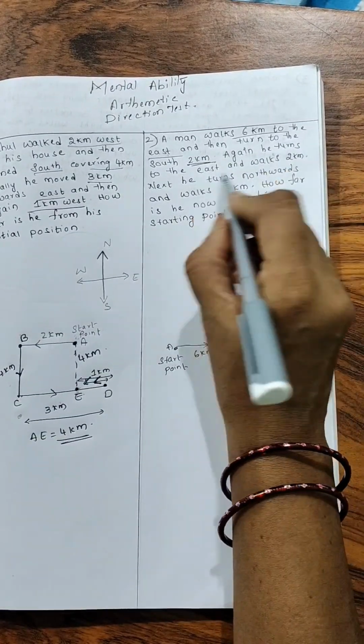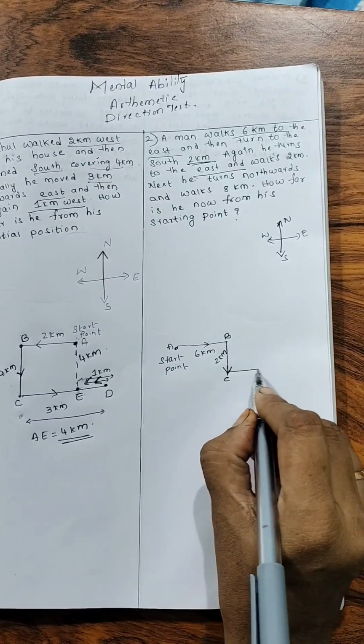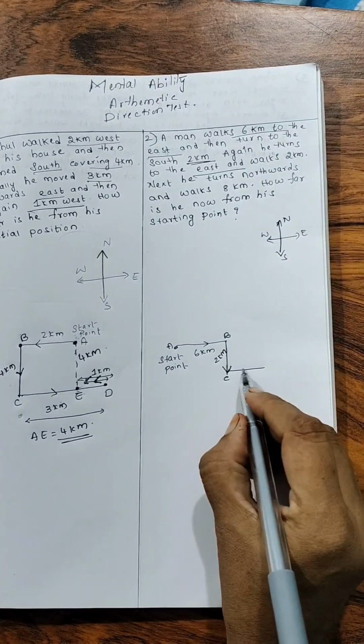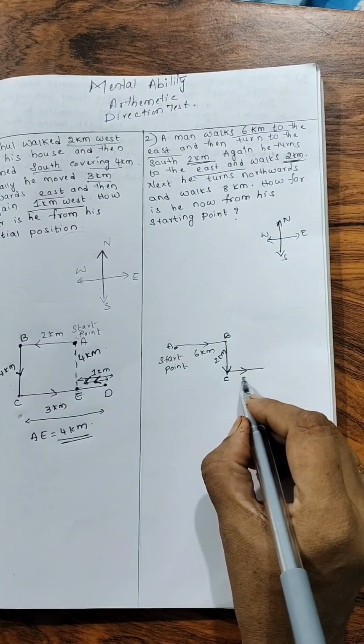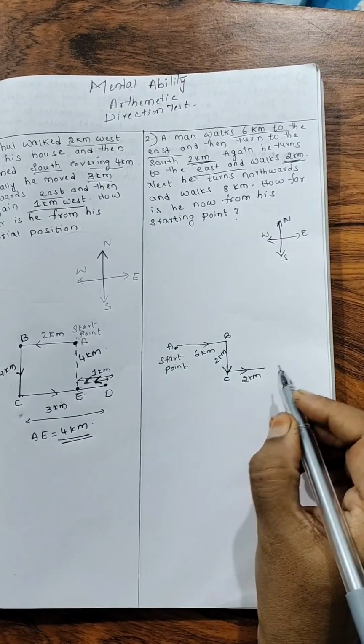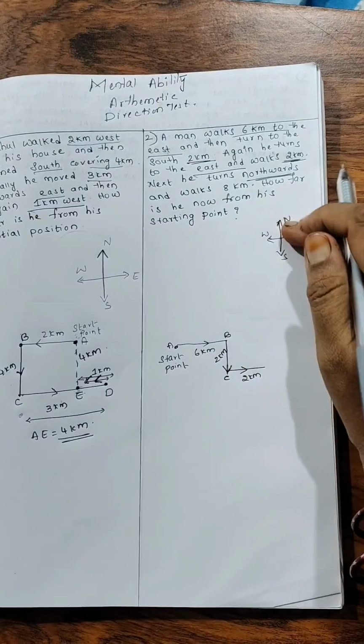Next, again he turns to the east. Towards the east, again 2 kilometers he walked. Next, he turns north. North is in the upward direction.